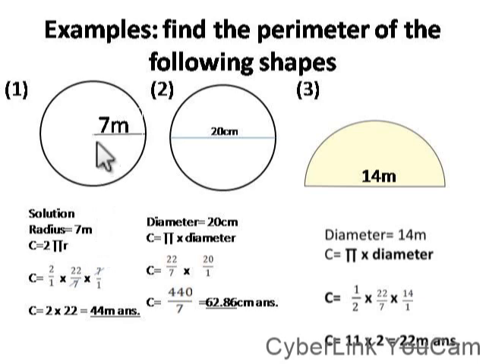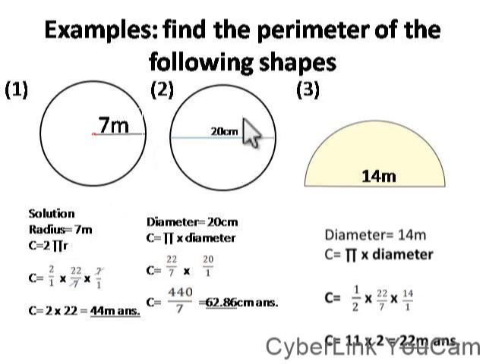So for the circle where a radius is given, remember that the radius of a circle is the distance from the center of the circle to any part of the circumference. It's called the radius of that particular circle. When radius is given in the question and you are talking about the perimeter or the circumference of a circle, the formula to use is 2 pi r, because radius is given.